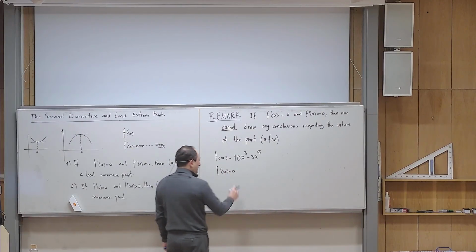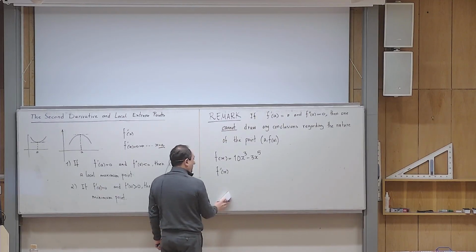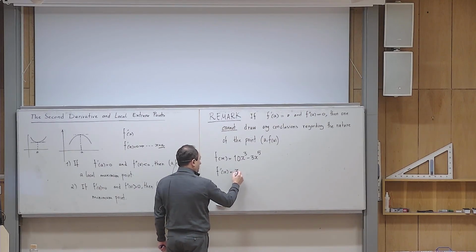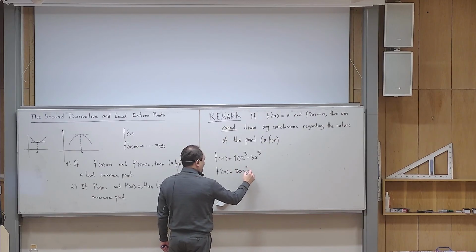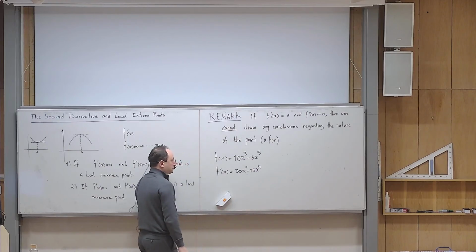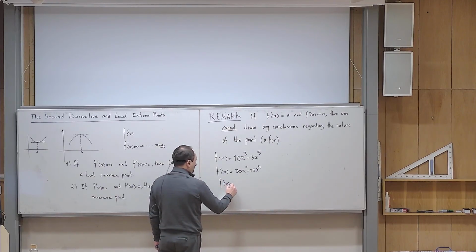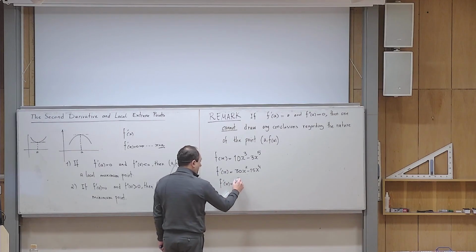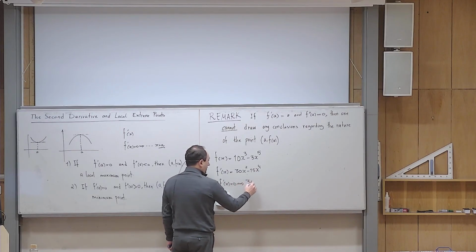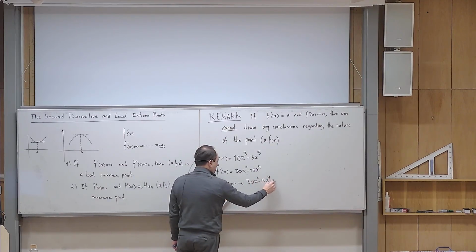Let me just calculate and then put it equal to 0. I calculate the first derivative, it becomes 30x squared minus 15x to the power of 4. And then when I put it equal to 0, what is the problem? I get 30x squared minus 15x to the power of 4 equals 0.